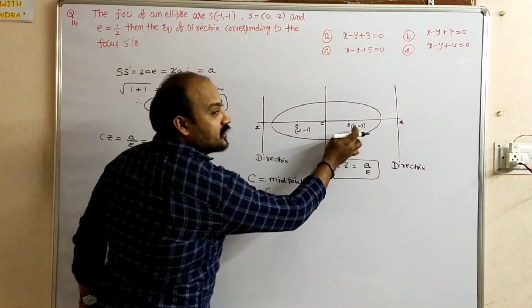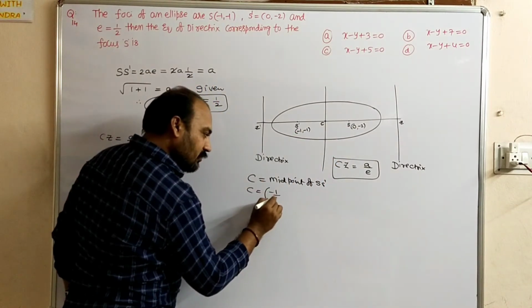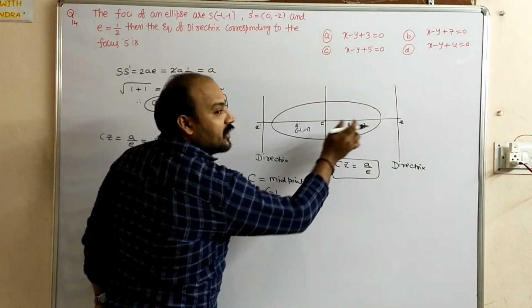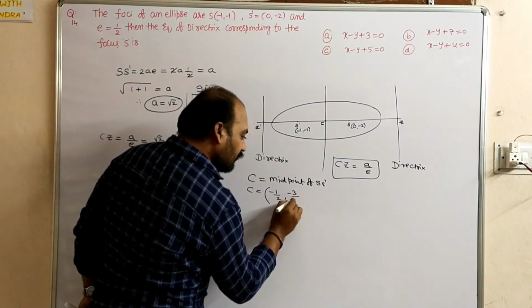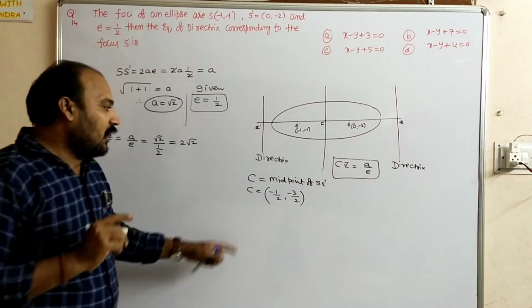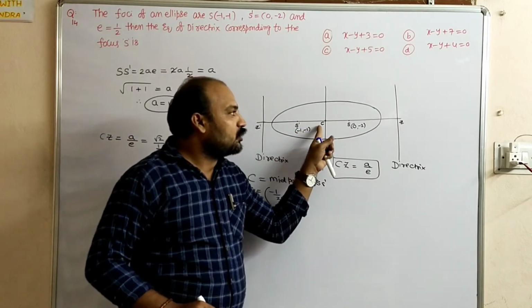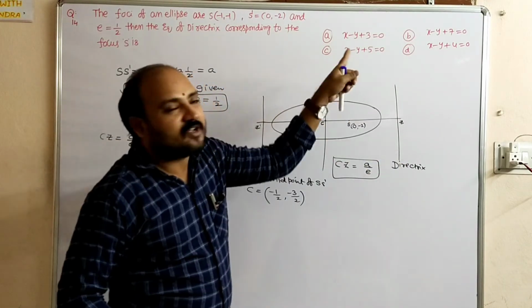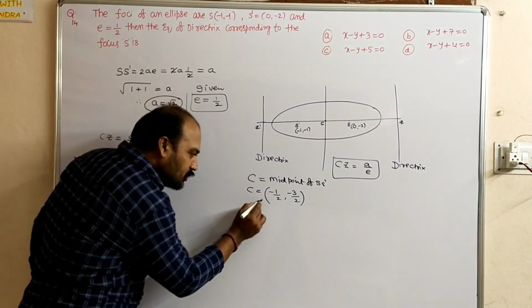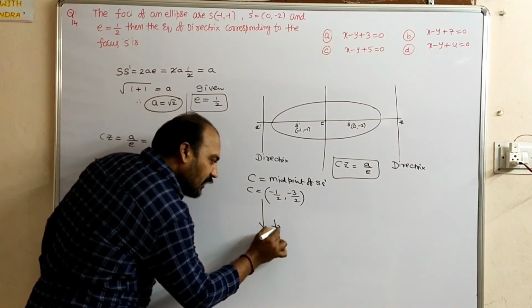Minus 1 plus 0 by 2, so minus 1 by 2. Minus 1 minus 2, minus 3 by 2. So what are we calculating the center of the ellipse for? From the center to the directrix options are there. From this point, we find the perpendicular distance.